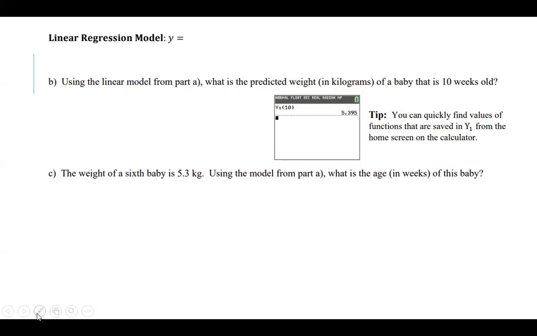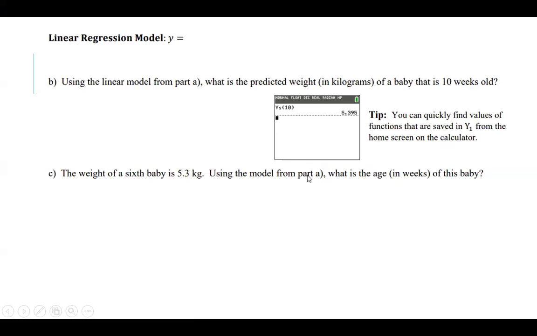Where's my pen? So we got, okay, it doesn't want me to write, but pretend that I could write. The answer's right there. Okay? All right, so do we see the difference of how to find that using function notation in Desmos?